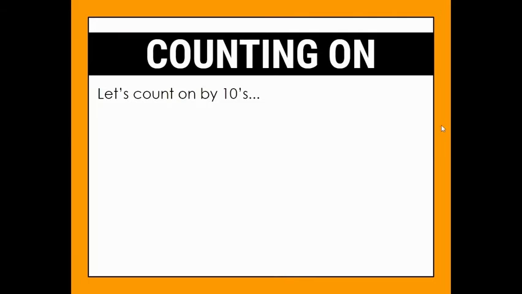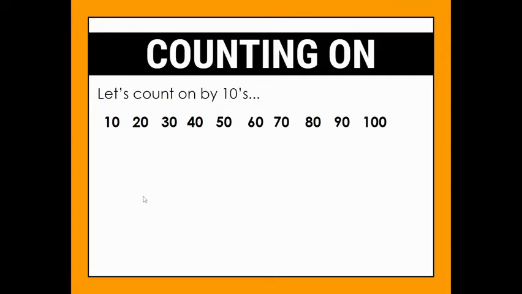So today we're going to practice on counting on in both tens and hundreds. So start counting with me with tens, and I bet you're going to notice a pattern. So ready? 10, 20, 30, 40, 50, 60, 70, 80, 90, 100.